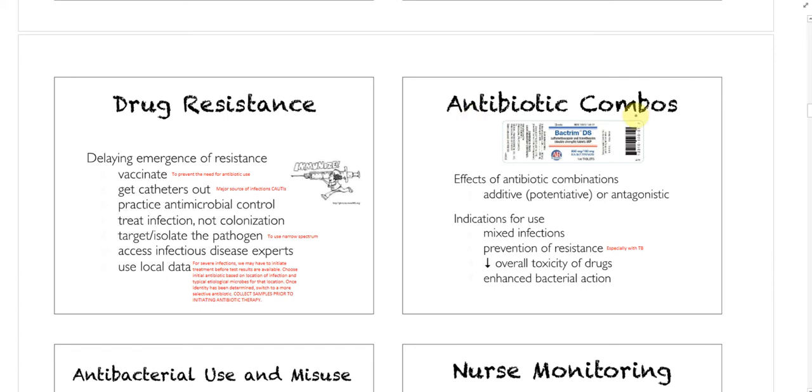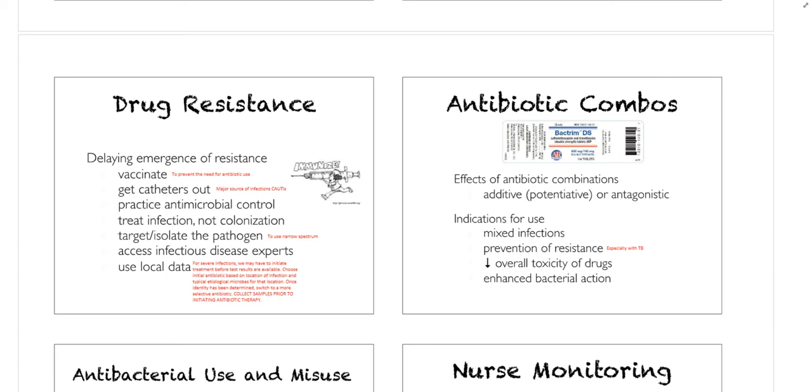Antibiotic combos are great for specific purposes. They can be good for mixed infections or to prevent resistance, such as with TB, since a lot of TB has been shown to be very resistant.